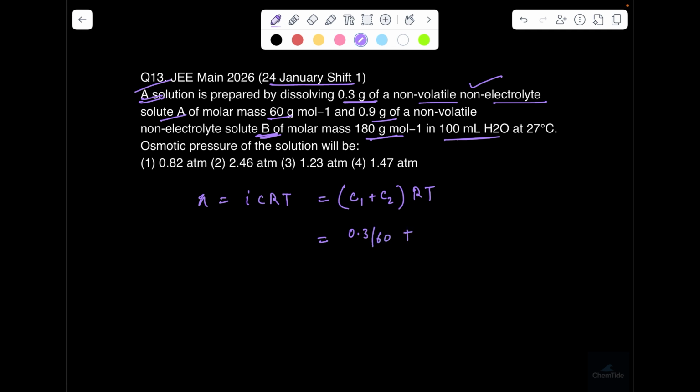Similarly for B, 0.9 gram and the molar mass is 180 in 100 ml solution. So I'll write here divided by 100 into 10 to the power minus 3. The R value is 0.082. Temperature is given 27 degrees Celsius, so it becomes 300 Kelvin. On calculation you will get 2.46 atmospheric pressure.